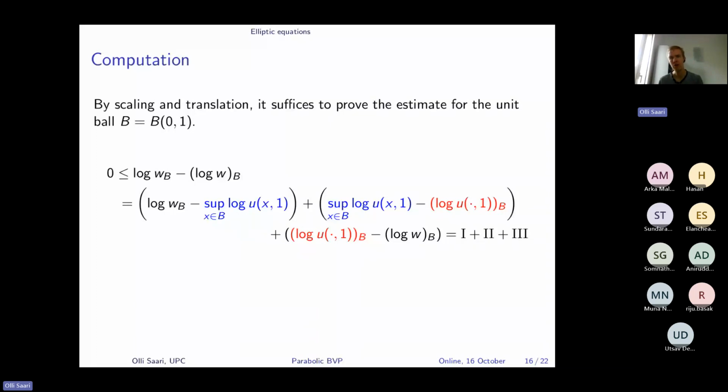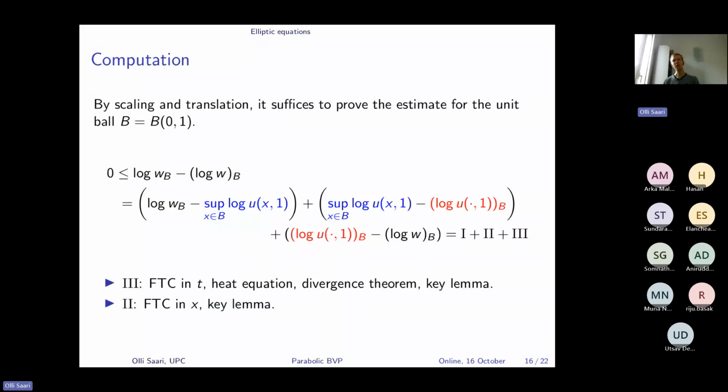So we compare the supremum of heat mean value at scale 1 to mean value of the heat mean value at scale 1. And then the final term is the mean value of heat mean value minus mean value of the original weight. Now, two of these terms are easy to control. So let's look at the third one.